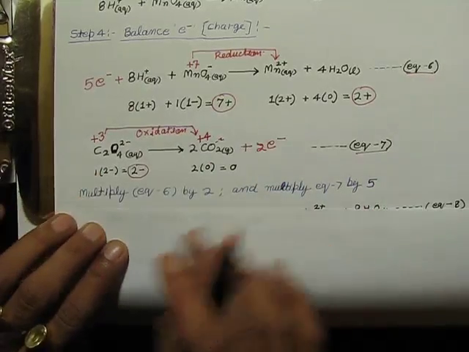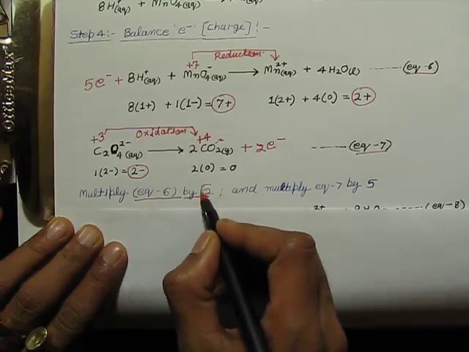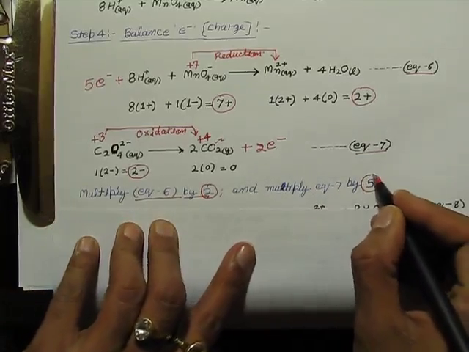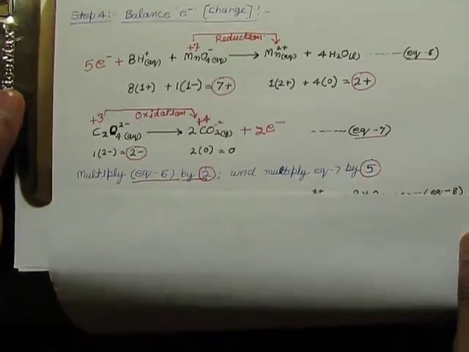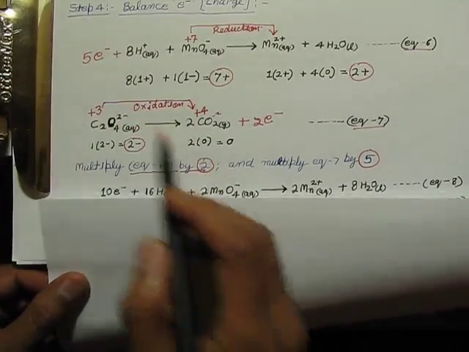So what we have to do, we have to multiply equation number 6 by 2, and we have to multiply equation number 7 by 5. If we multiply equation number 6 by 2, what will happen?